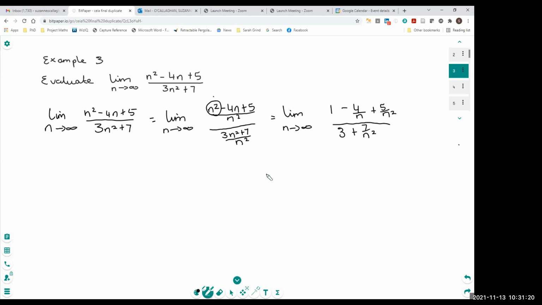So the limit of 1 is going to be 1, because the limit of any number that's an actual constant doesn't change. No matter what infinity is, no matter what n is, 1 will always be 1. Now, for this one, minus 4 over n, as n approaches infinity, you could eventually end up with 4 over infinity.